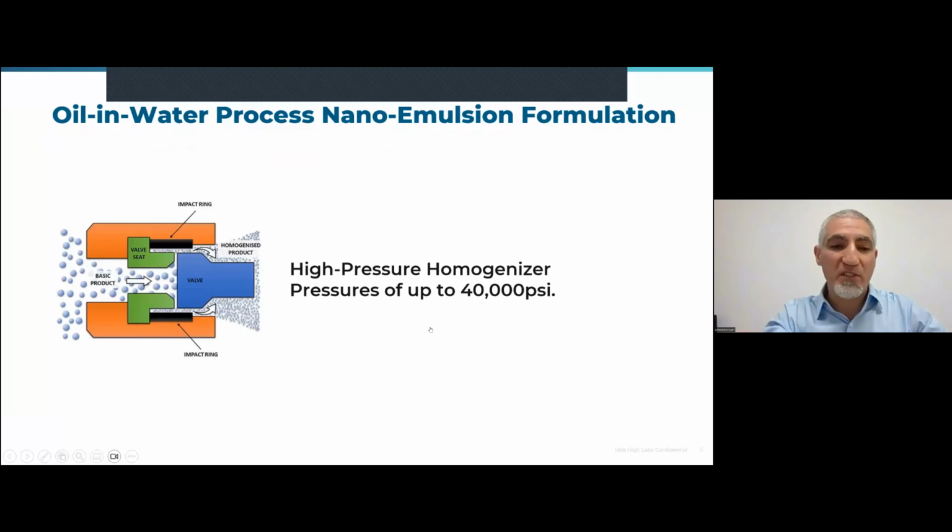You can actually collect that emulsion and then push it through again at a higher pressure or the same pressure, and you'll get a narrower and narrower particle size distribution in your final emulsion, and the emulsion will be more stable every time you pass it through. But usually, efficiency wise, you want to do it in one pass so you don't have to spend more time passing it again and again, because each pass could take a few hours to do, depending on the batch size.